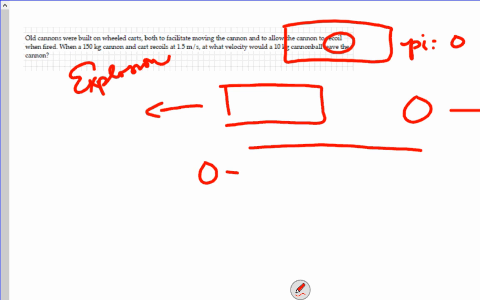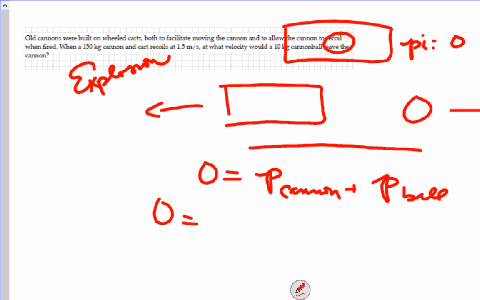So 0 equals the momentum of the cannon plus the momentum of the ball. All right, let's see what we got here. We've got 150 kilograms for the cannon itself. It has a 1.5 meters per second recoil.